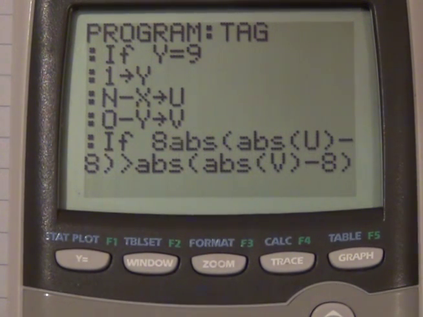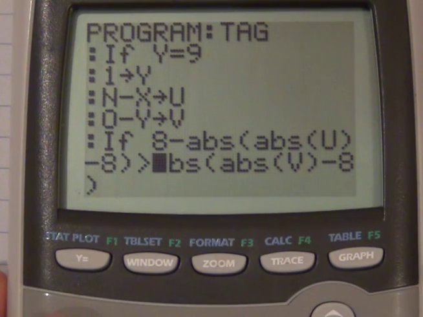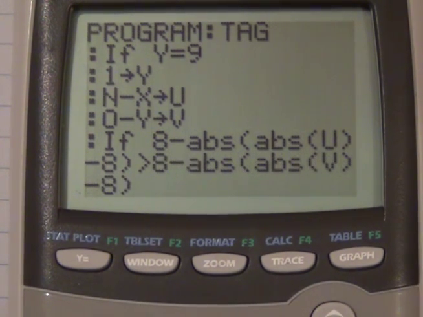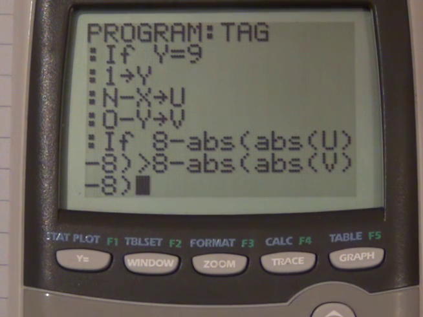So if 8 minus the absolute value of u minus 8 is greater than 8 minus the absolute value of v.